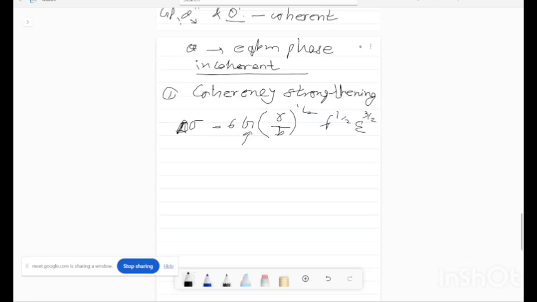Here G is the shear modulus of the alloy, r is the precipitate radius or particle size, b is the Burgers vector of the dislocation, f is the volume fraction of the particles, and epsilon is the strain.